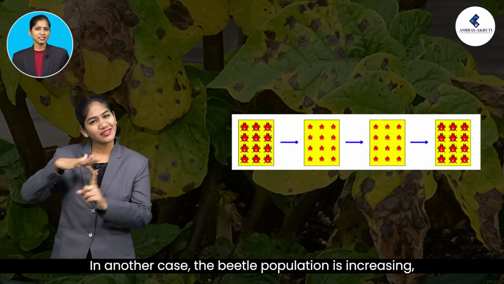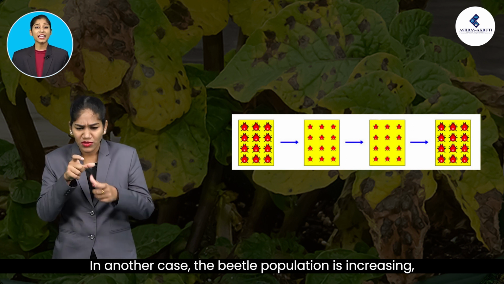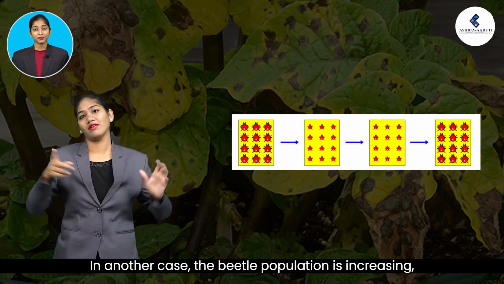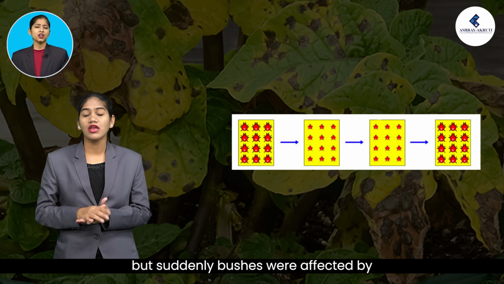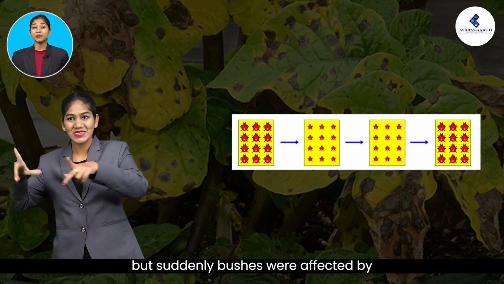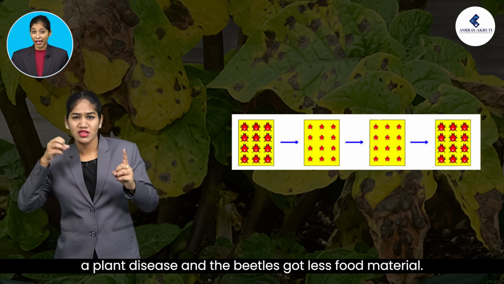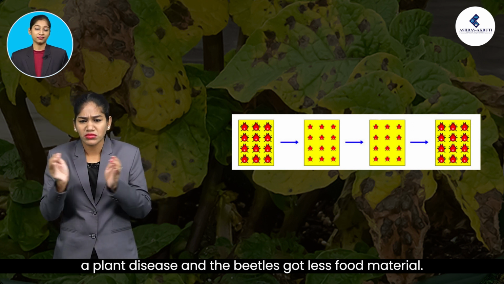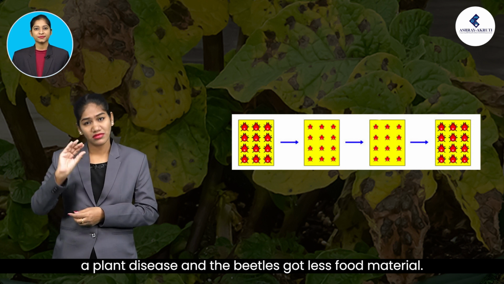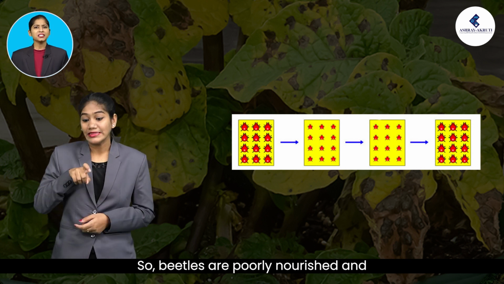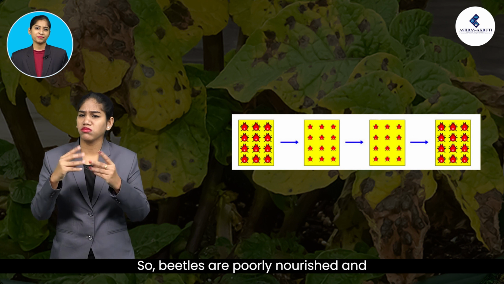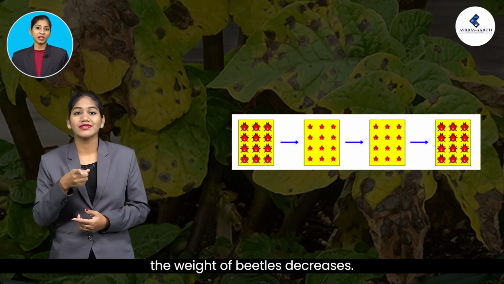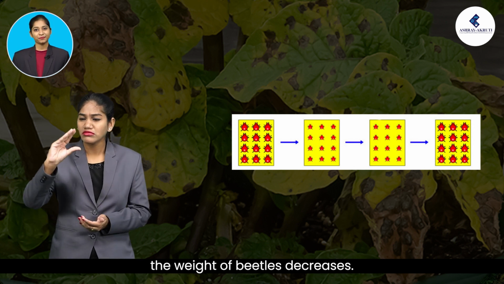In another case, the beetle population is increasing, but suddenly bushes were affected by a plant disease and the beetles got less food material. So, beetles are poorly nourished and the weight of beetles decreases.